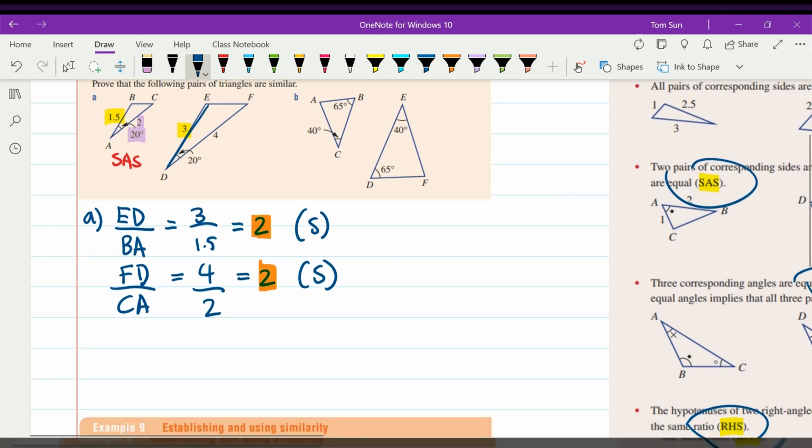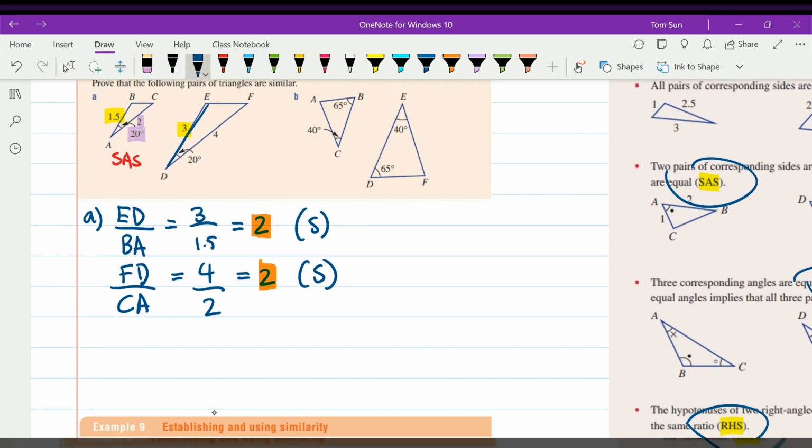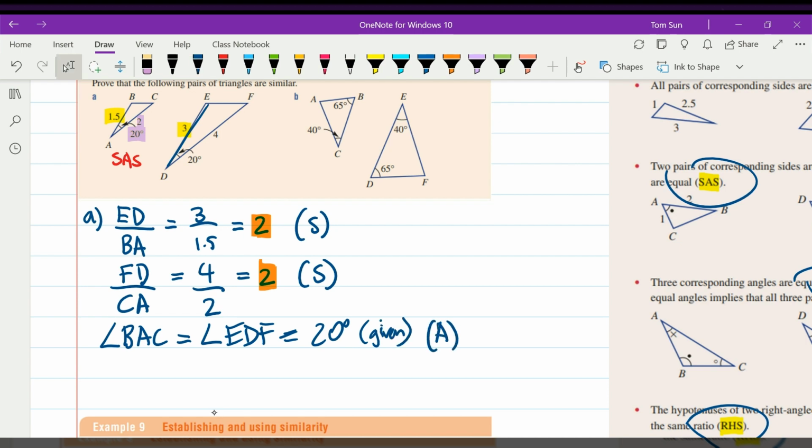And finally, to see if the angles are the same, remember to write the notation correctly. This is angle BAC is equal to angle EDF, and because it's given to you, you should tell me what the angle actually is, and then you can write given as your reason because it's actually given on the diagram. And finally, you can have A at the side.